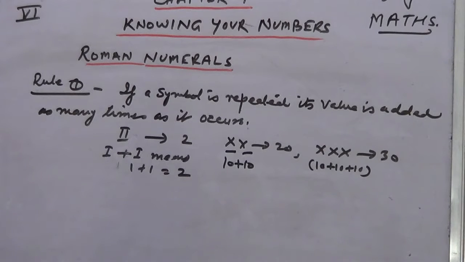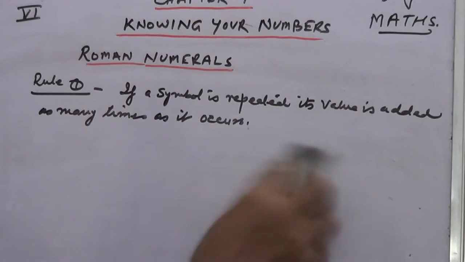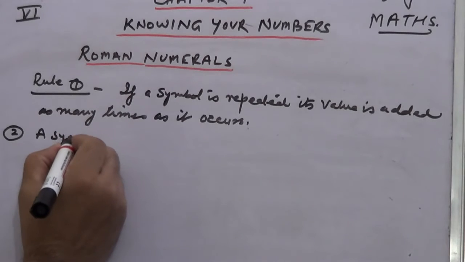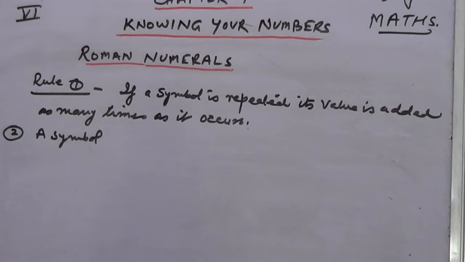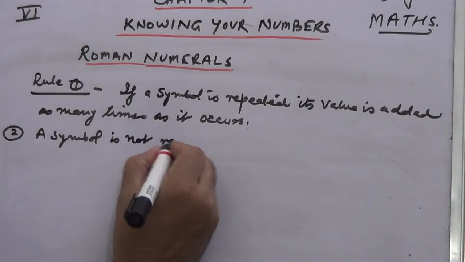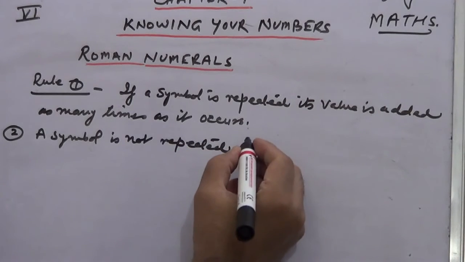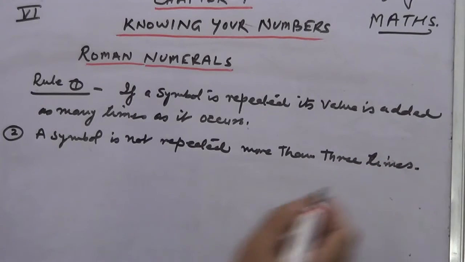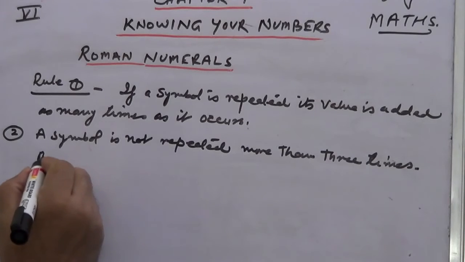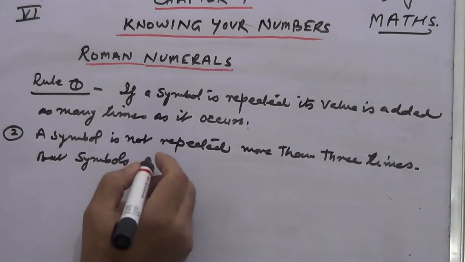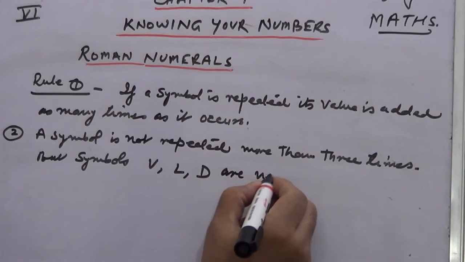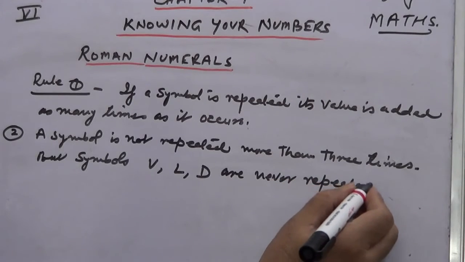Now rule second is, a symbol is not repeated more than 3 times, but symbols V, L, D are never repeated.